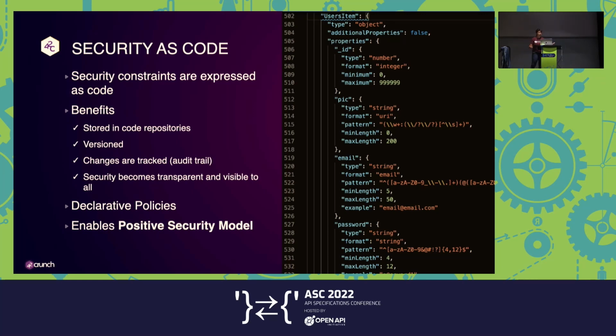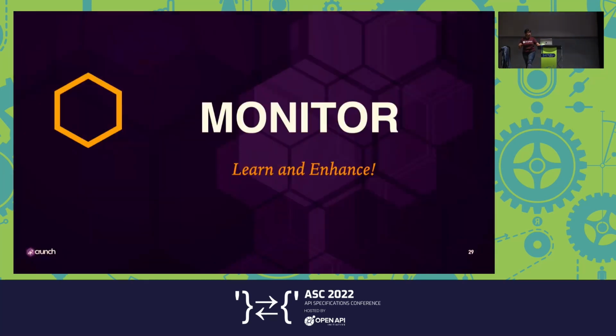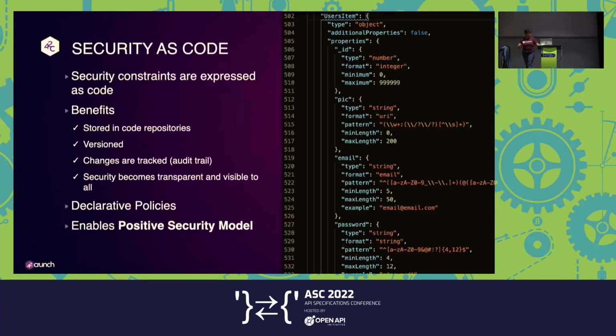It happens automatically, right? And what this is going to enable is something really critical, which is a positive security model, right? The main problem we have, and we've had for 20 years in security, is that we're using a negative security model. We're focusing everyone on the things we do not want, right?